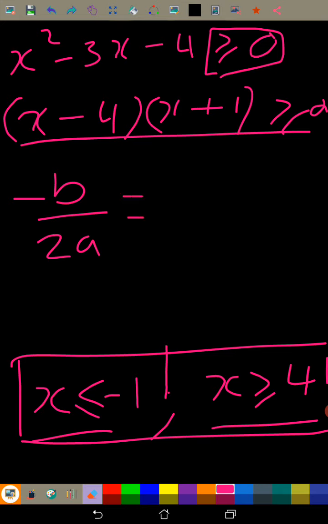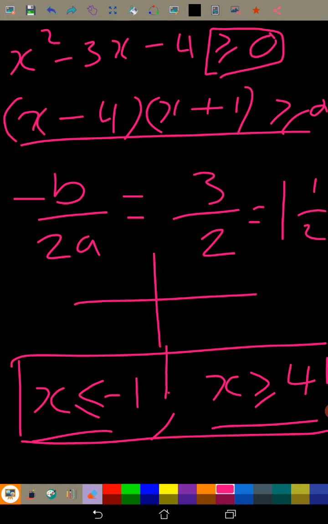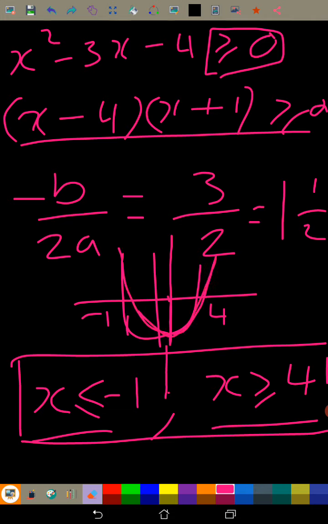So minus b is 3 here, because minus minus 3 is 3, 2a is 2, so it gives you 3 over 2, so 1.5 basically. So we have a line here, minus 1 here, 4 here, we need to have 1 point. So this is the line of symmetry. The curve is symmetric about this line.